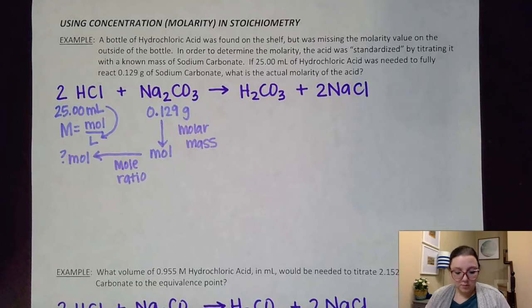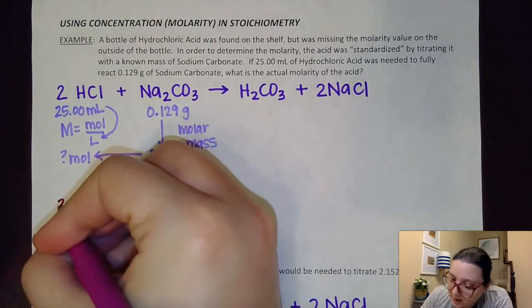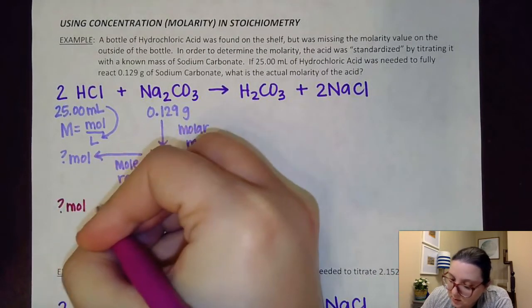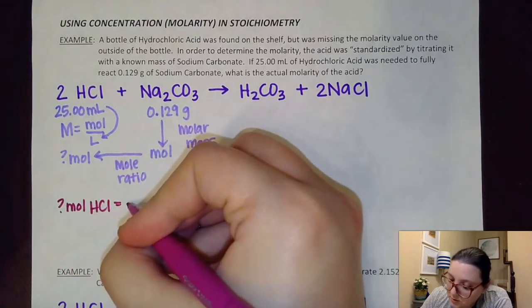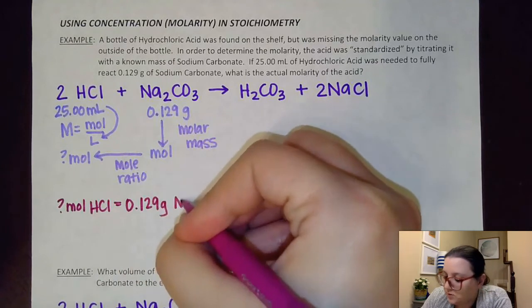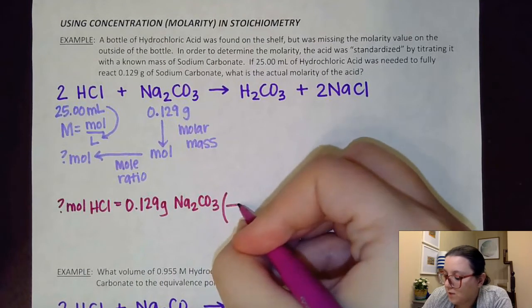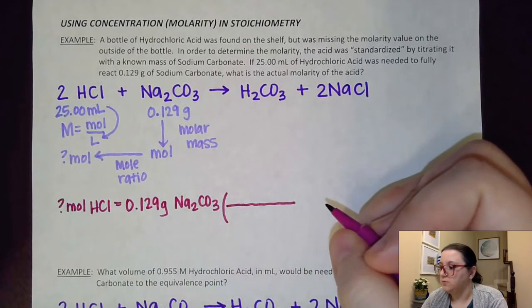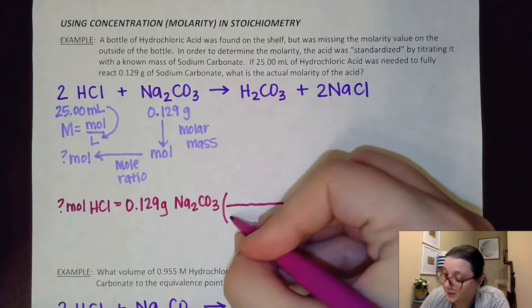All right, so I'm going to go ahead and start my stoichiometry work here. Again, I'm trying to figure out how many moles of HCl are equivalent to the 0.129 grams of Na2CO3. So I would need the molar mass of Na2CO3, which when I calculated that value, got me 105.99.